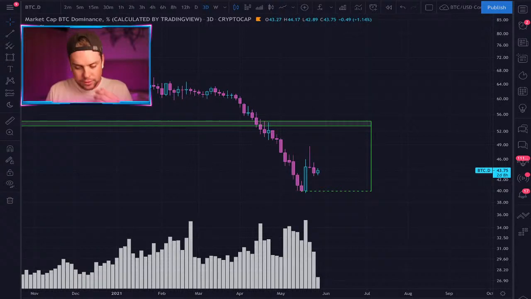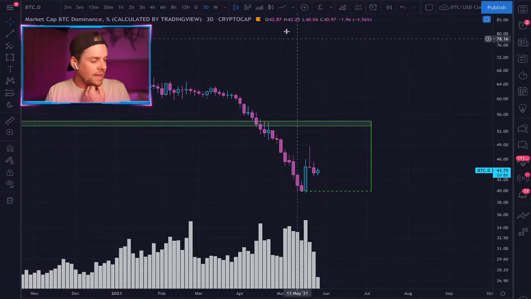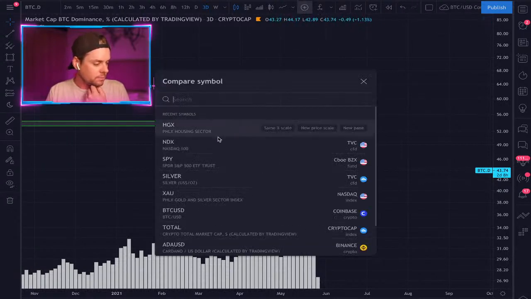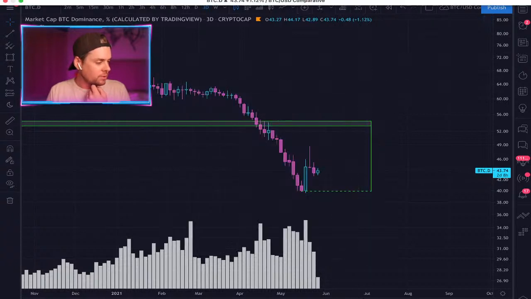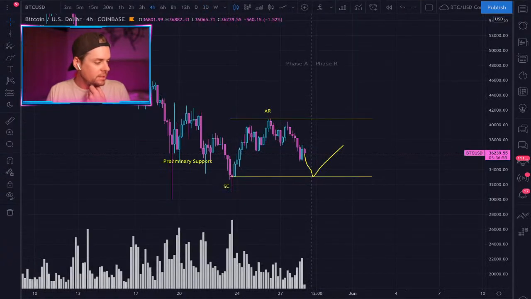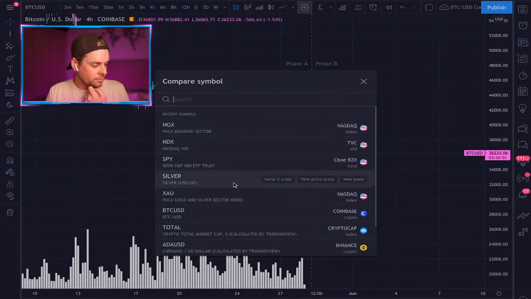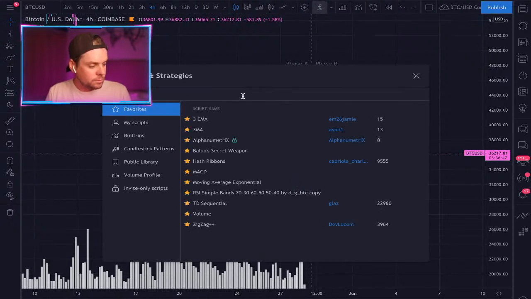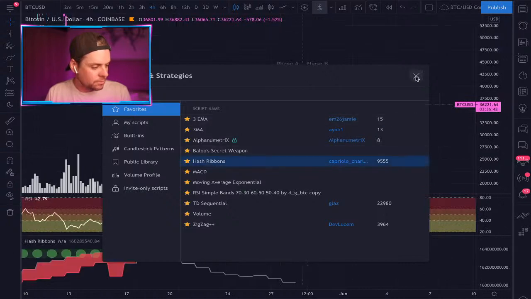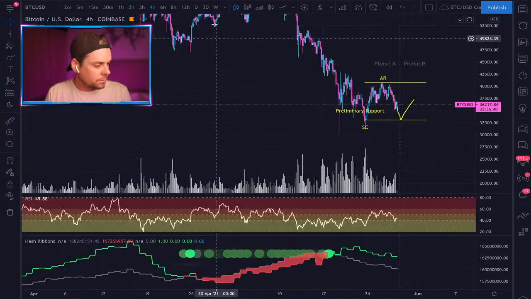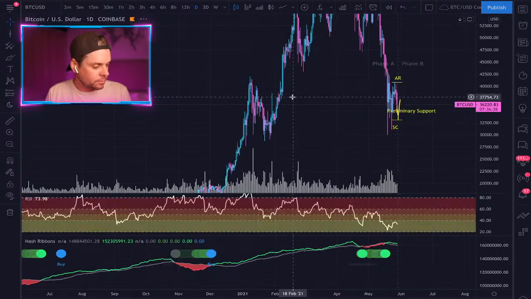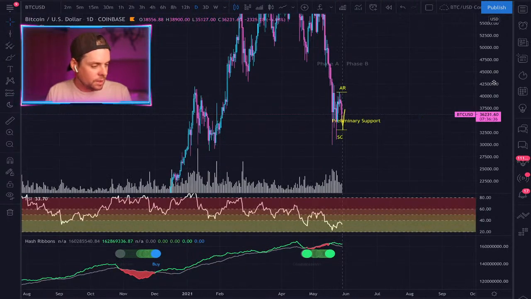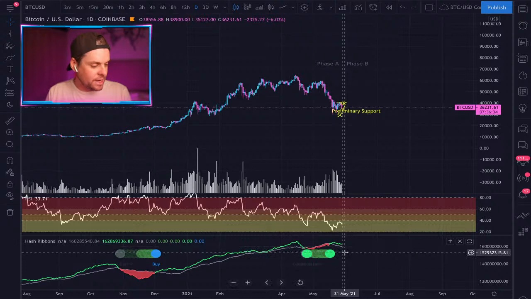Hash ribbons. Yeah, the hash ribbons are about to flash on the BTC, I believe. Let's take a look at the hash ribbons on the daily. So we're just waiting to print that buy on the hash ribbons.